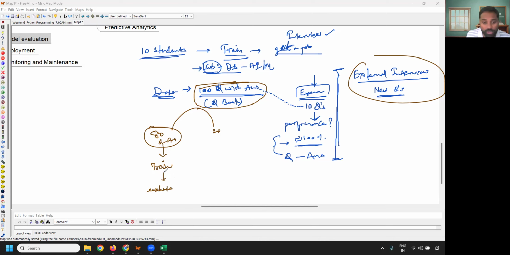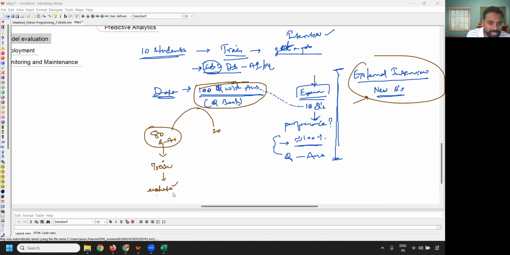If the student is not focusing in the training, obviously the student will not clear the internal evaluation as well, right? That will also tell us how good the student is at training. But ultimately, remember, we want a student who can answer new questions from the same subject.